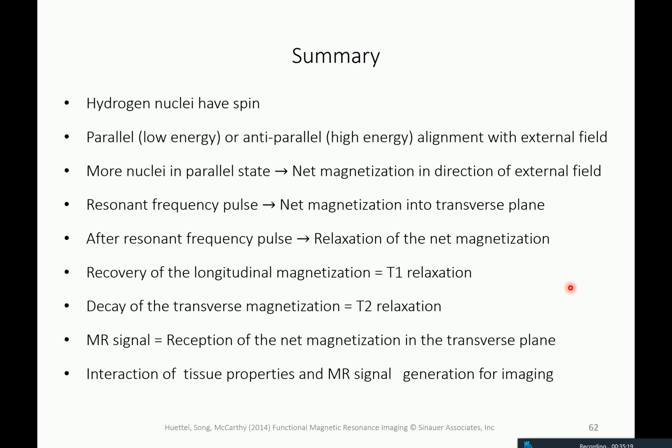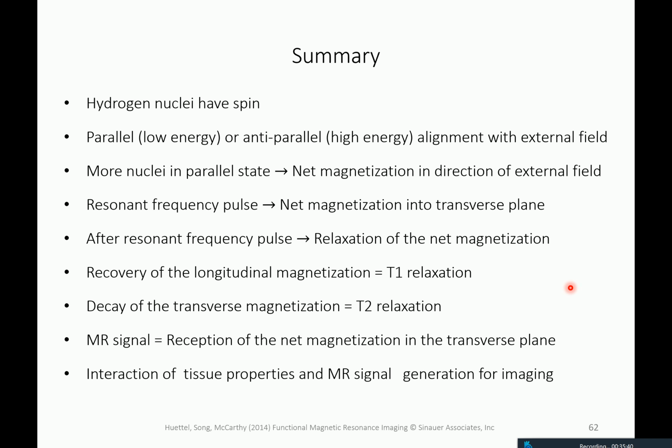And then crucially, and this is where we spent most of the time today, after the frequency pulse there are relaxation processes happening to the net magnetization vector. One of them is the recovery of longitudinal magnetization, or T1 relaxation, which takes longer.